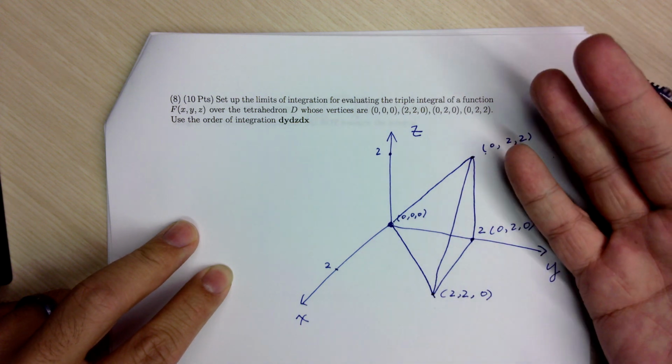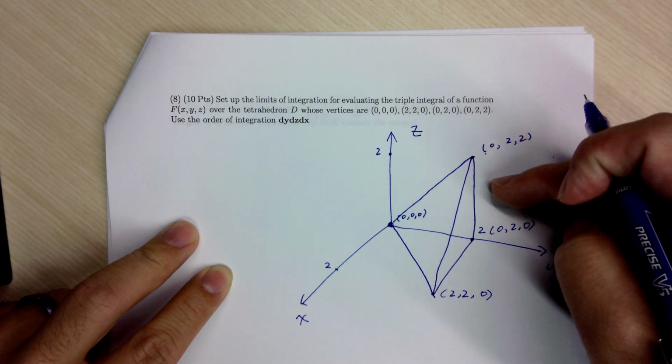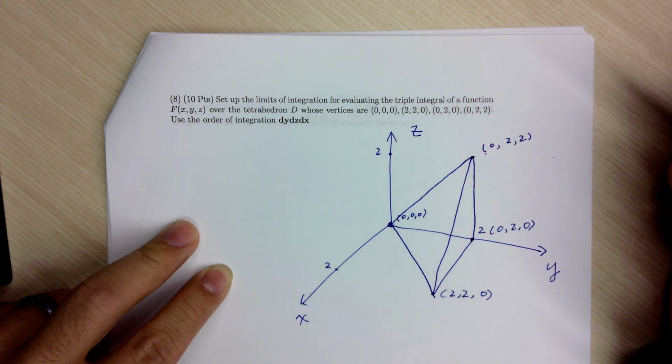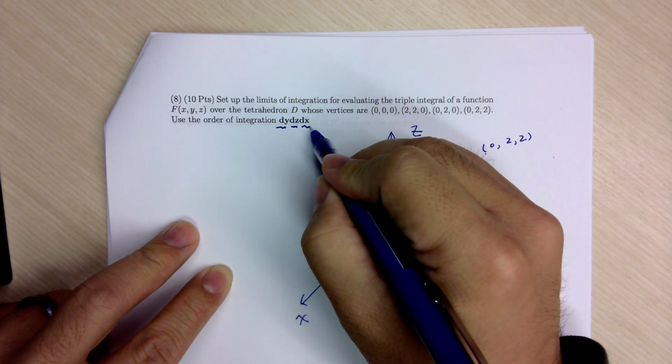Actually, there is one side that is on the YZ plane. Okay, so the problem asks us to set up this triple integral in the order of dy, dz, and dx, right?